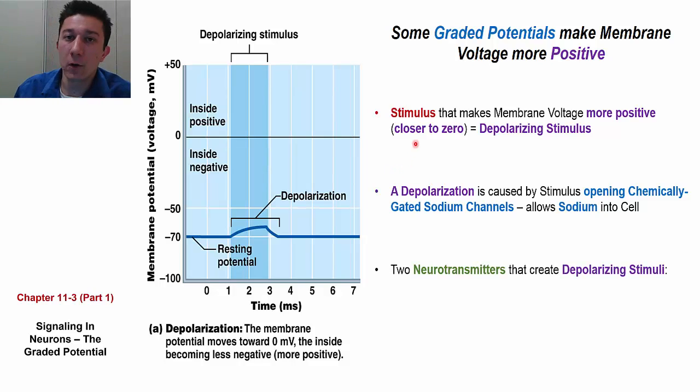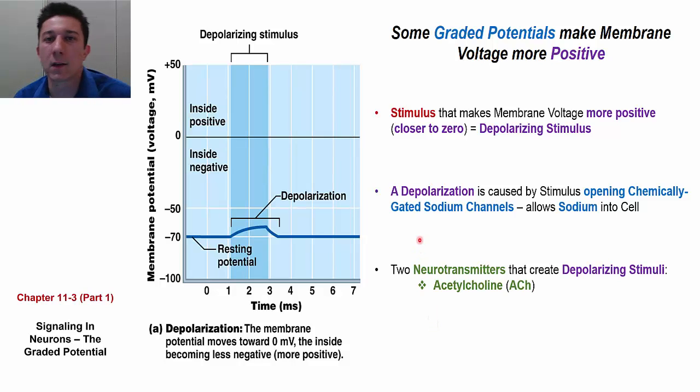There are two neurotransmitters in particular that I just want you to be familiar with that create a depolarization in the cell. One of these we've seen before, it's called acetylcholine, or ACh. Recall that when our neuron released acetylcholine and signaled our skeletal muscle cell, our skeletal muscle cell responded by letting sodium into it, bringing positive charge into our cell and making the membrane slightly more positively charged where the sodium entered.